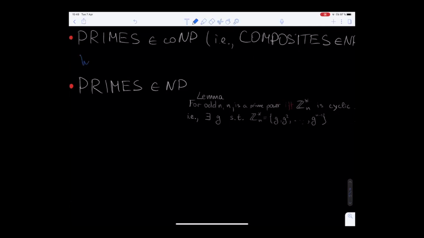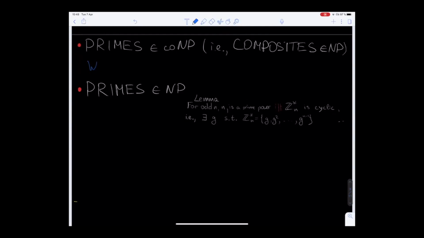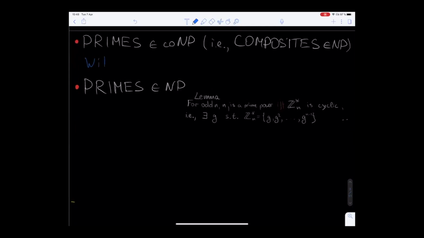So our witness certificate would be just two integers smaller than n that multiply to n. So very easy. And this shows that primes are in co-NP.